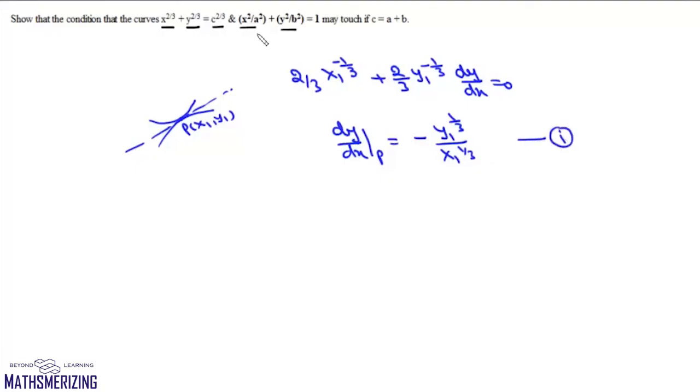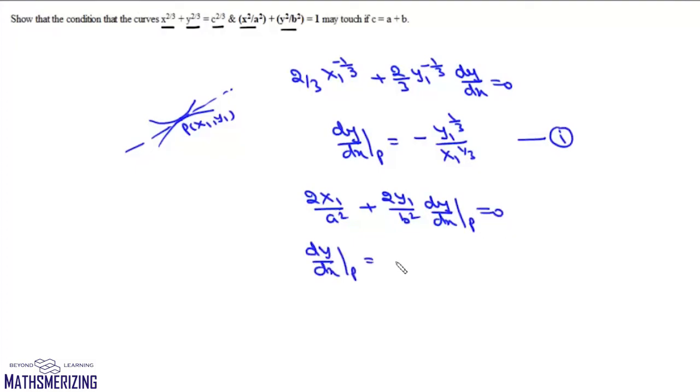Now from this ellipse, if we differentiate it, we can write 2x1 upon a square plus 2y1 upon b square dy by dx, at this point P, equals 0. So dy by dx at this point P will be minus b square x1 upon a square y1, and that's our second equation.